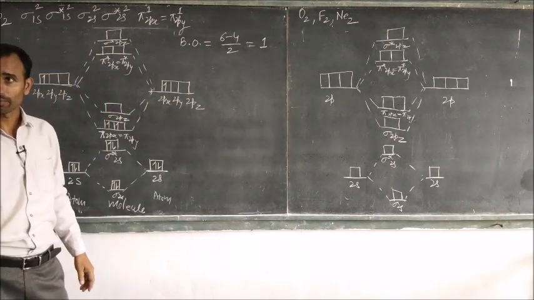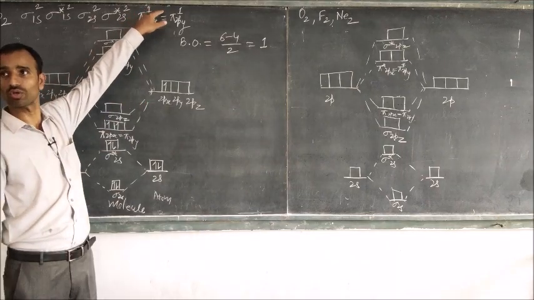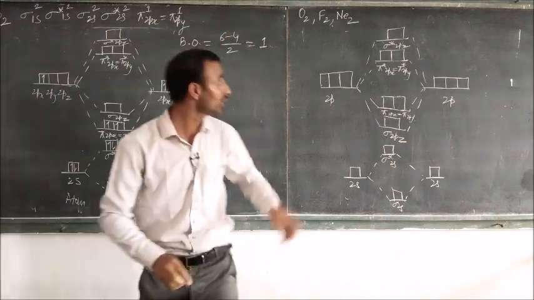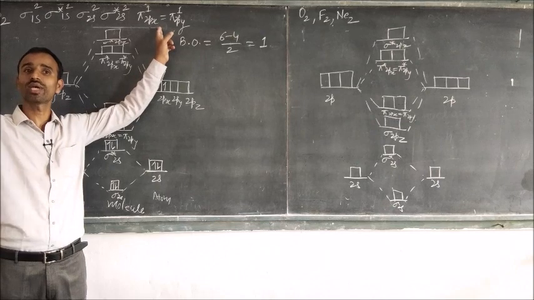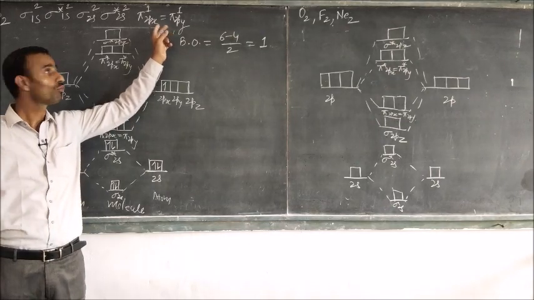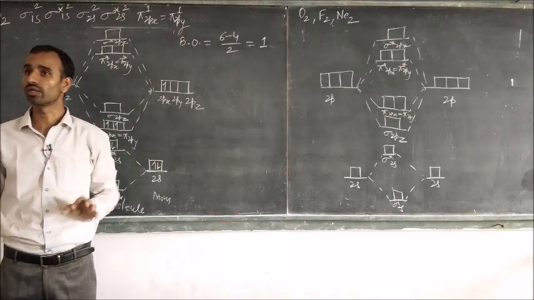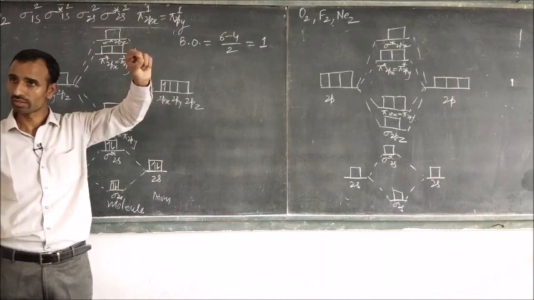At the same time, for this pi bond, pi 2px has one electron, and the corresponding pi star 2px has 0 electrons. So with respect to 2px, there is half bond order.